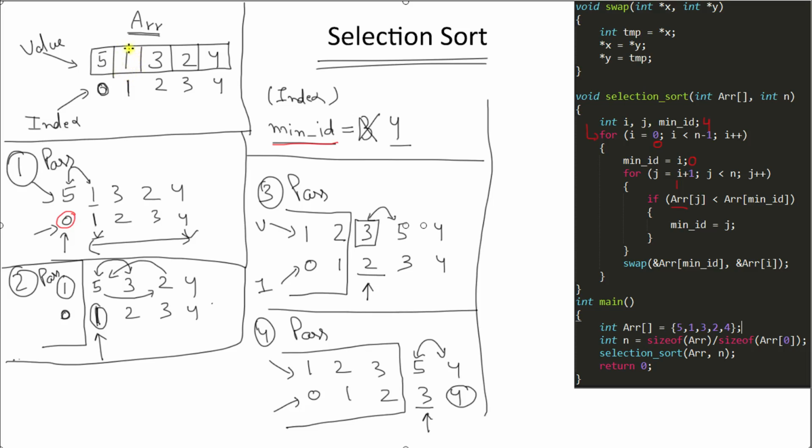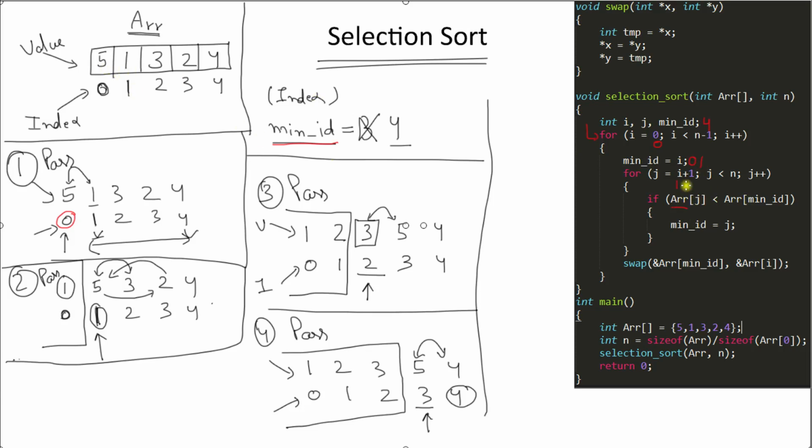If the 0th position value, which is minID, is greater than the 1st position, then assign minID equal to j. So j is 1 now, so minID will become 1 now, because this condition is true.